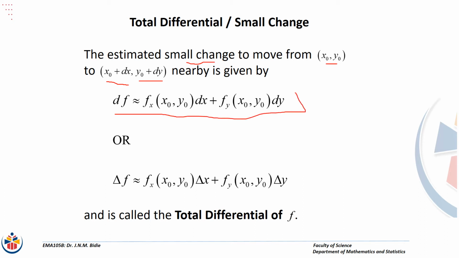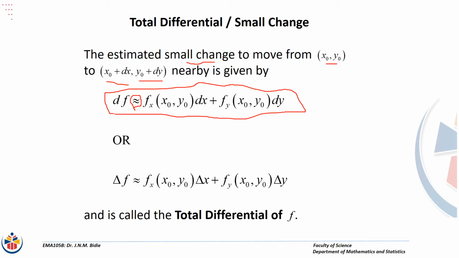And I need you to remember, it's an estimate. Hence, we do not use an equal sign, we use an approximation sign. So it is very important not to use an equal sign for the small change problems.